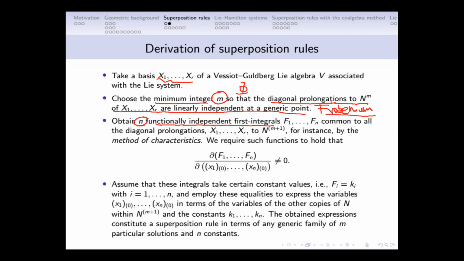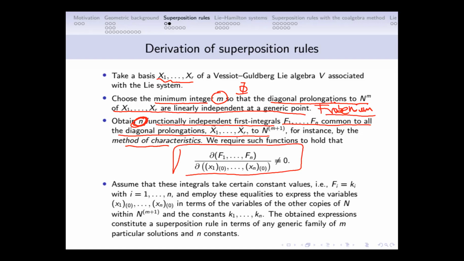Imagine that the base manifold has dimension n. So in order to make it completely integrable, you have to find n functionally independent first integrals, and they have to be, of course, common to all the vector fields. And well, they have to be linearly independent, and it can be solved. These first integrals can be solved by the method of characteristics in the vector fields.